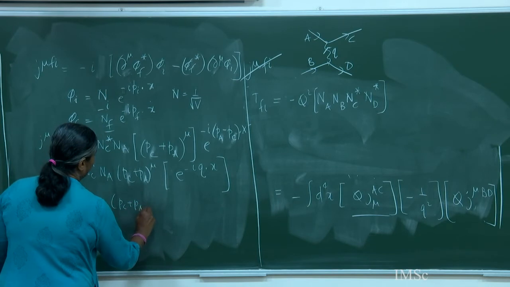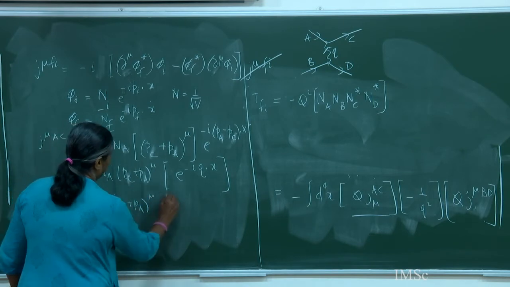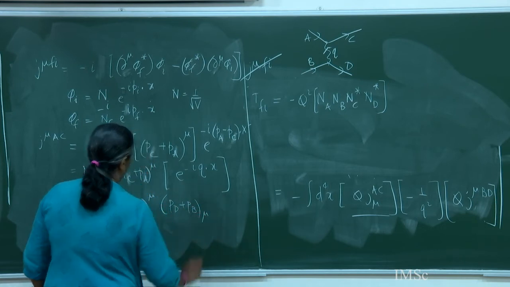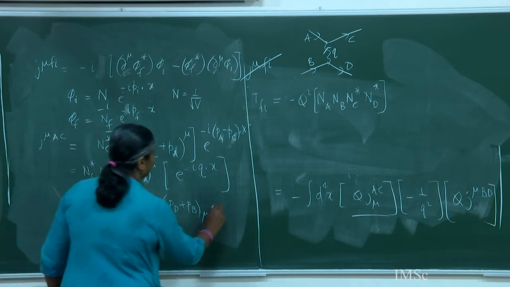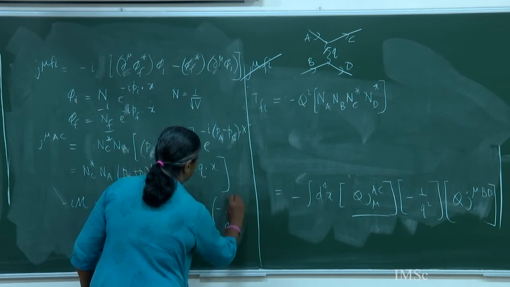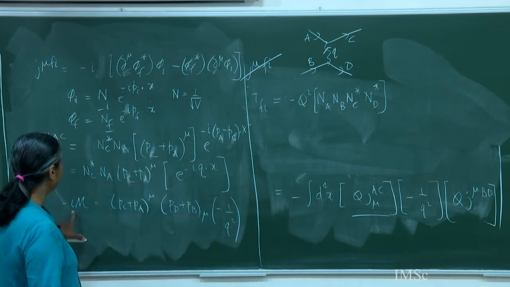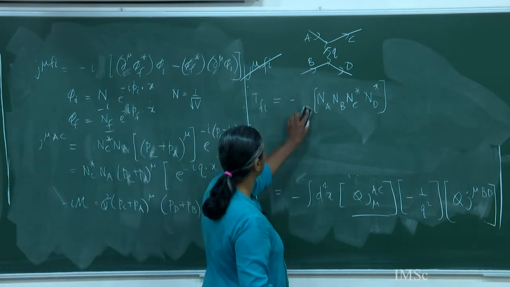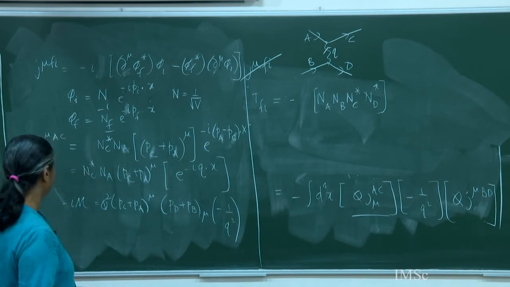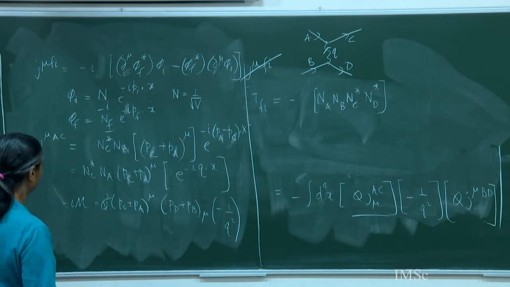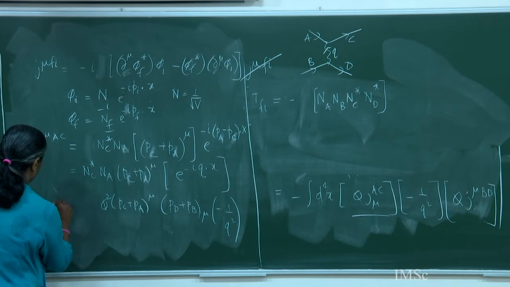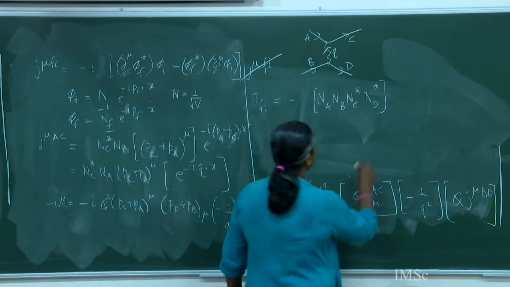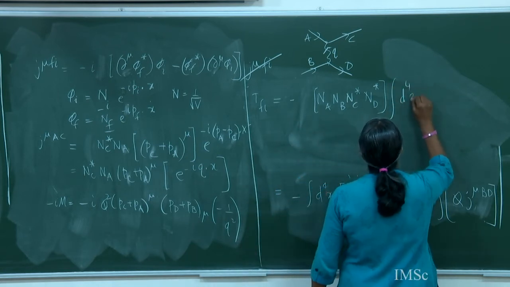PC plus PA mu, then we are going to have PD plus PB mu and a minus 1 by q square. And I've pulled it out, maybe I can even put the q squared here. Okay, then what will be left is, let us see what all is left.